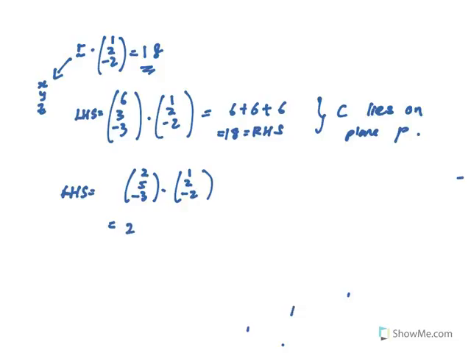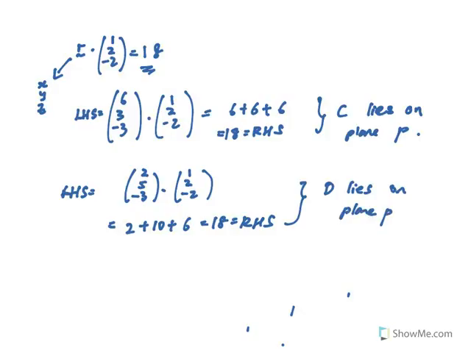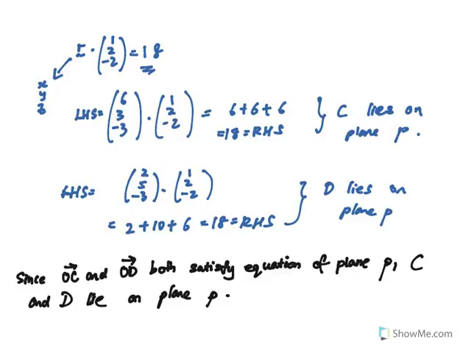This equals 2 plus 10 plus 6, which also equals 18, the right hand side. So you can see that C and D, both of them, lie on plane P because they satisfy the scalar product form equation of the plane. I think it's a very easy question. Okay, next one.